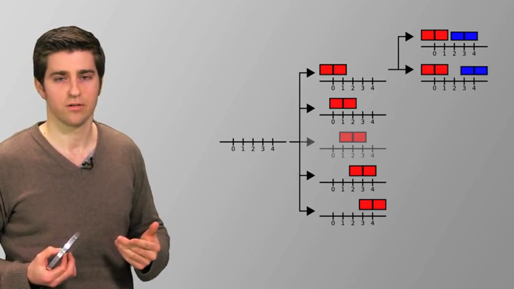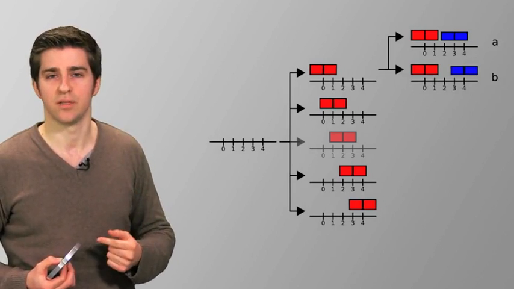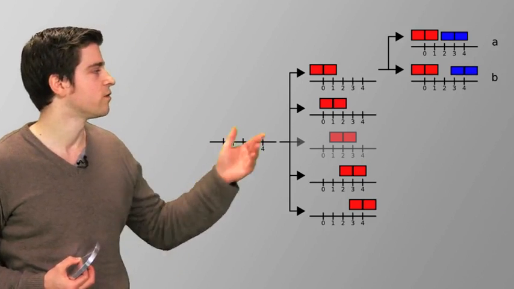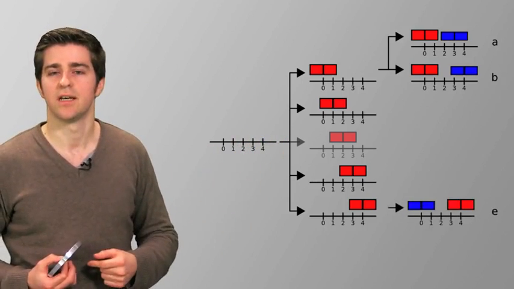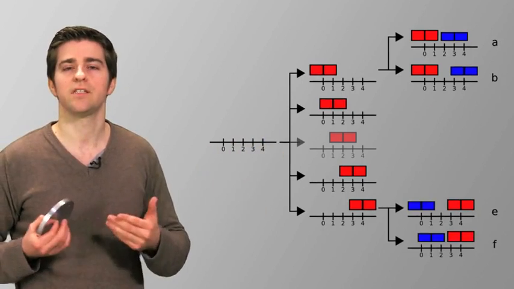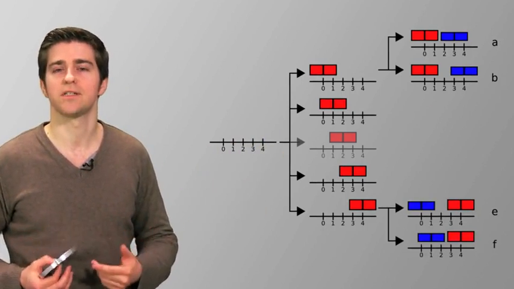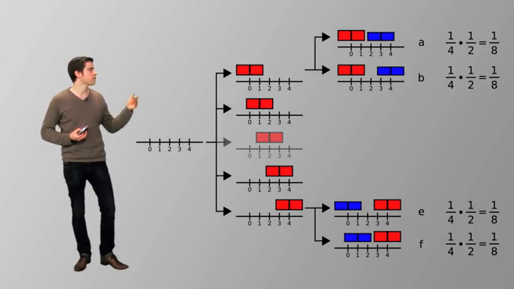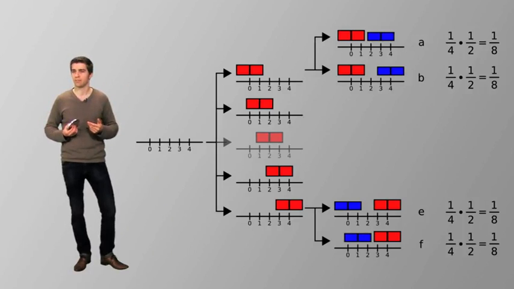This gives the allowed configurations A and B. The same reasoning is valid for the configurations E and F. These 4 allowed configurations have the probability 1/4 times 1/2 equals 1/8.